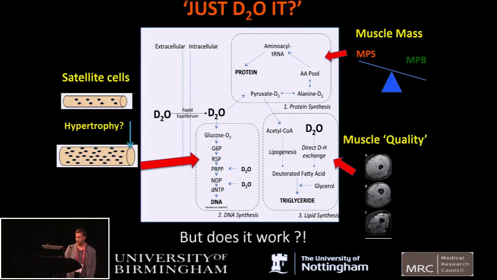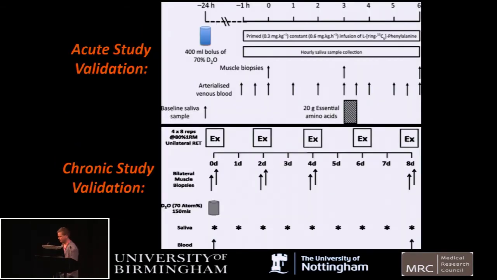So I'm just going to give some examples of validations of this technique that we've performed in our lab. We did two studies here, and I'll summarize these very quickly. I showed what these sort of acute studies looked like before. Our first study aimed to determine whether the D2O tracer performed in a similar way to the carbon amino acid tracers in terms of tracking protein synthesis.